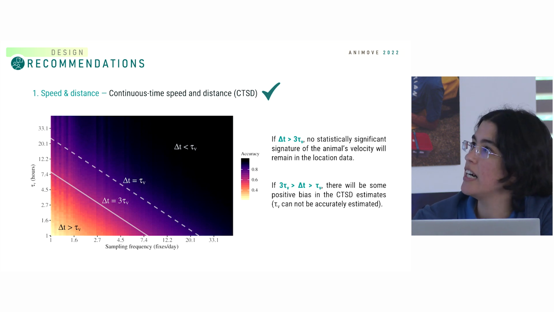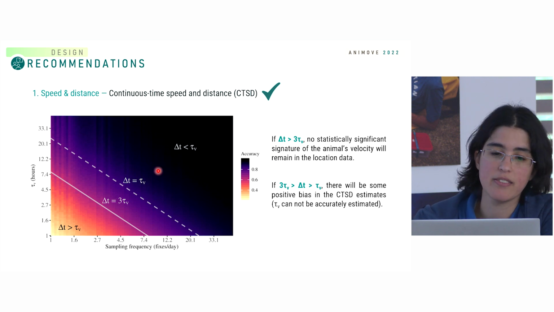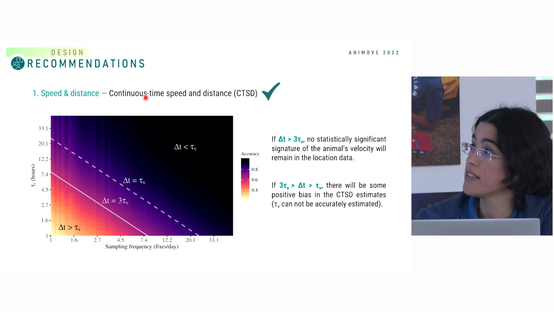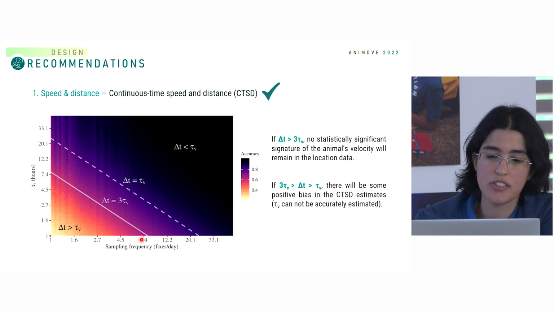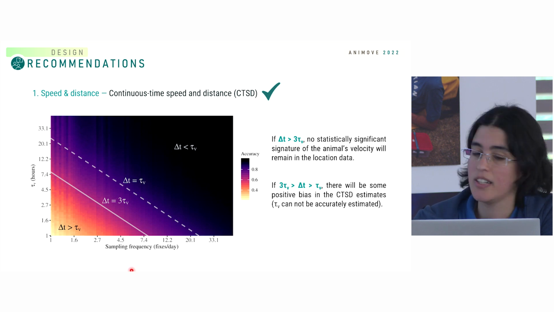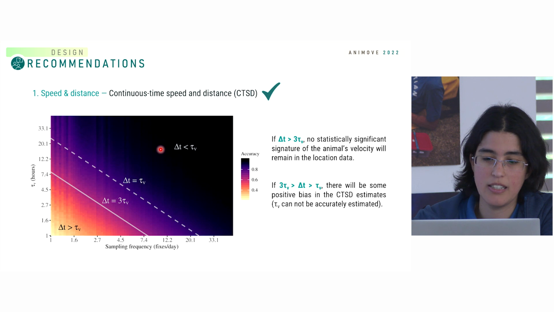And for speed and distance, which we didn't really cover, there's an estimator for speeds in the CTMM package, which is the continuous-time speed and distance. But the main thing you need to get out of this is that if your sampling interval is bigger than 3 times this velocity autocorrelation, there will be simply no significant signature of your animal's velocity in the location data for you to estimate it accurately.